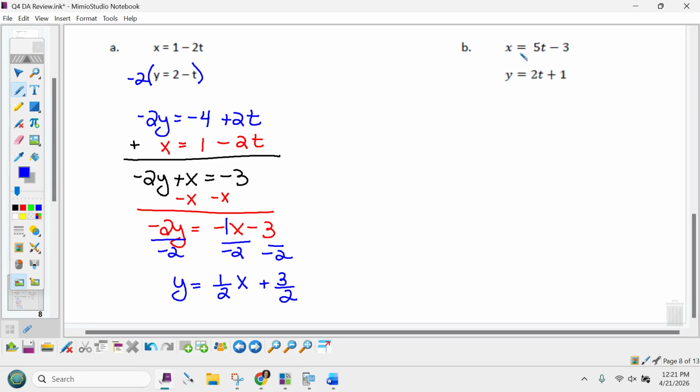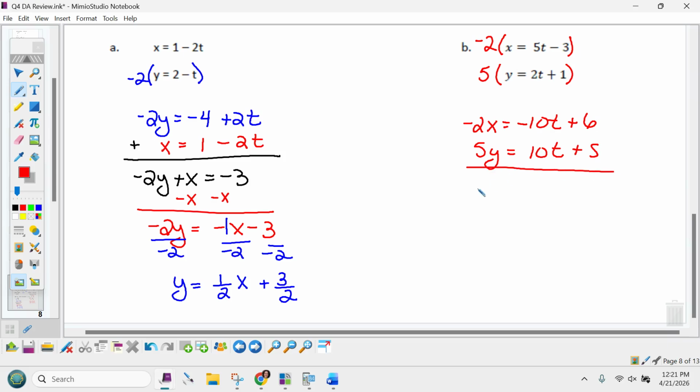In problem B, we need the 5t and 2t to multiply to be something that is the same so that we can add our equations together and eliminate the t. So I'm going to make the x equation times negative 2, the y equation times 5. I'm going to add these together.